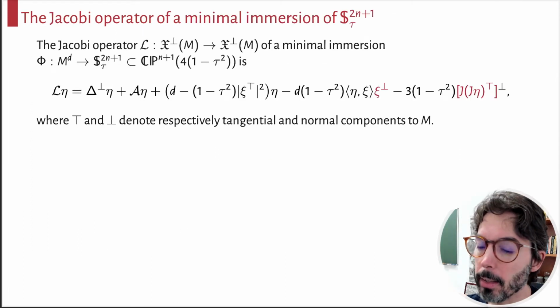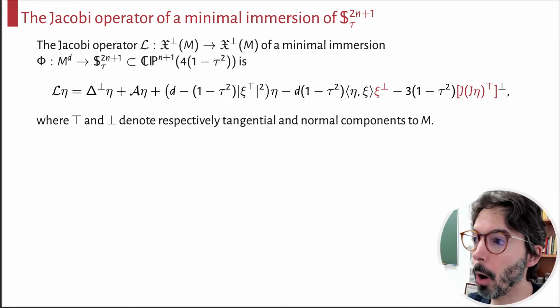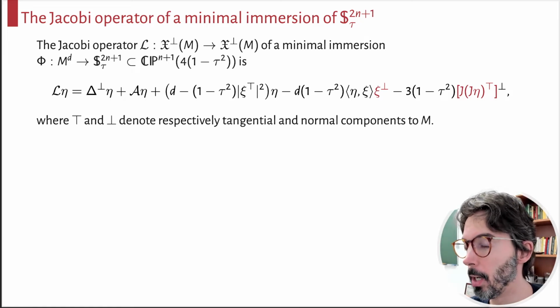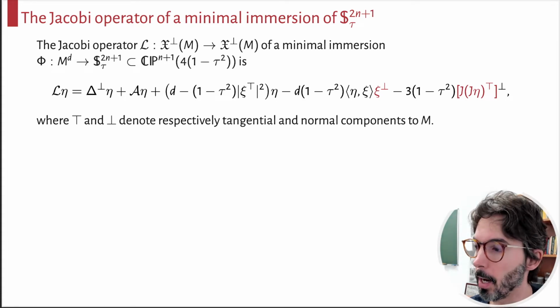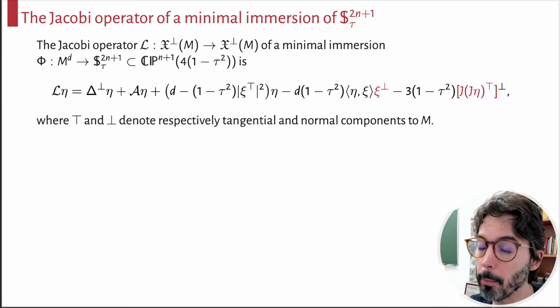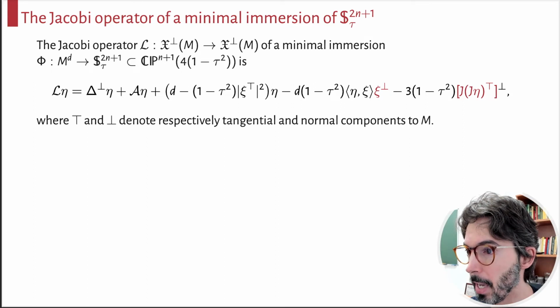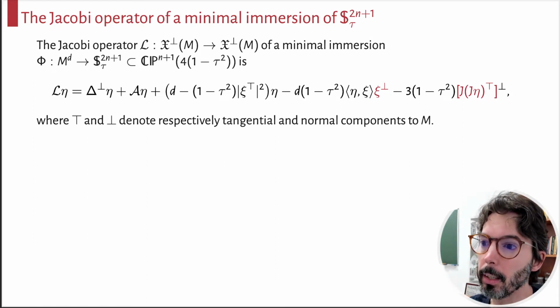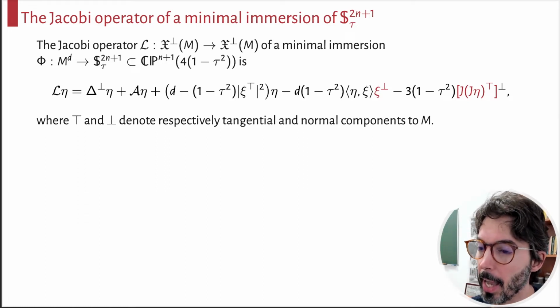The main topic of this talk is to study the stability of compact minimal immersions in the Berger sphere. So let's first write down the Jacobi operator. The Jacobi operator has this long form. The first two terms are just the normal Laplacian and the term concerning the second fundamental form of the immersion, and the third term is the term coming from the curvature of the Berger sphere. Here I have highlighted two terms in red.